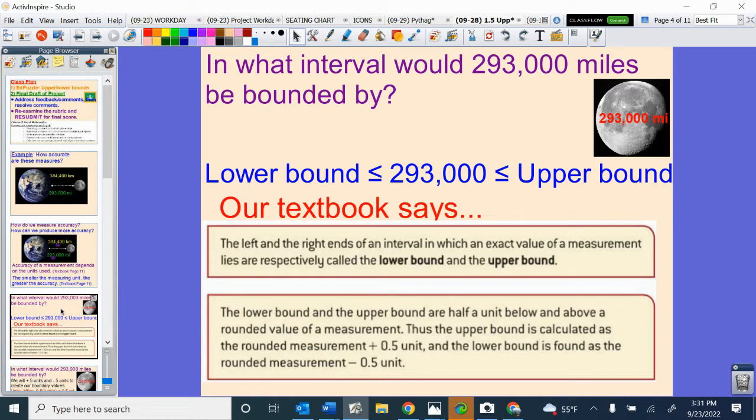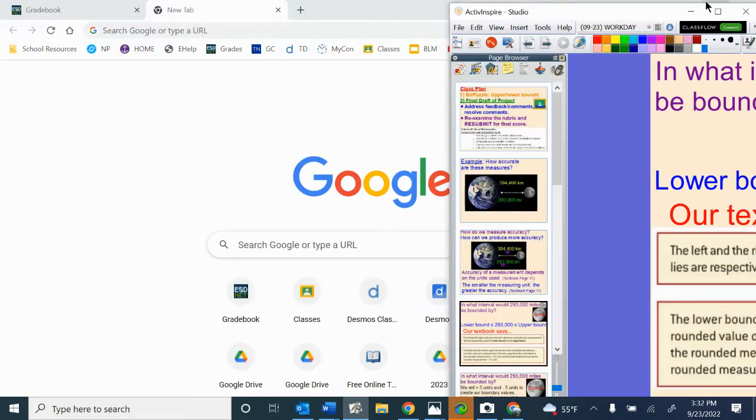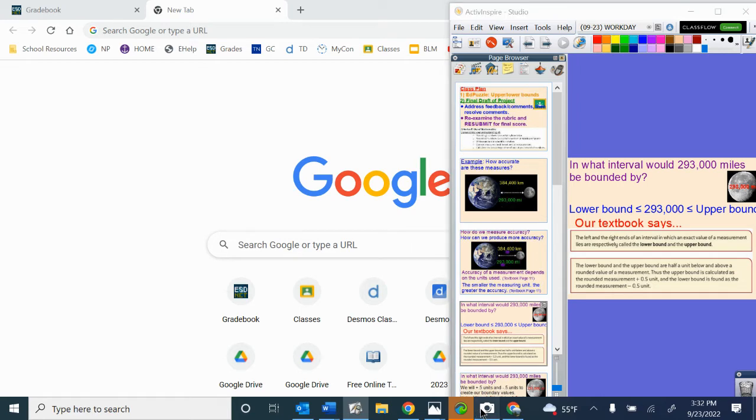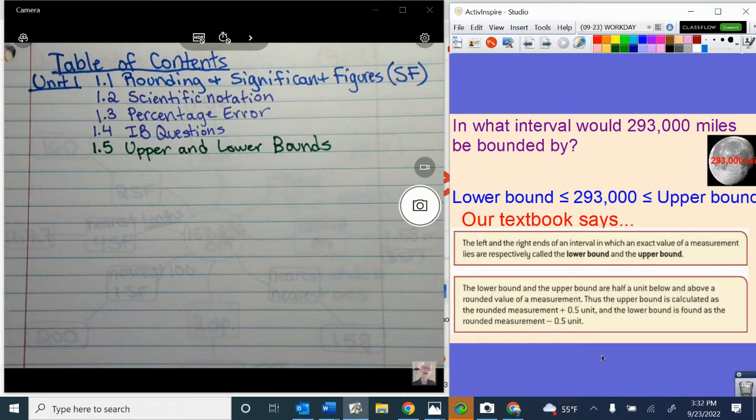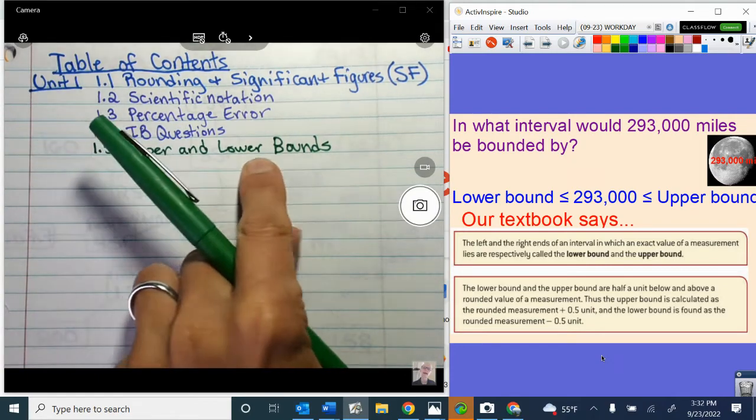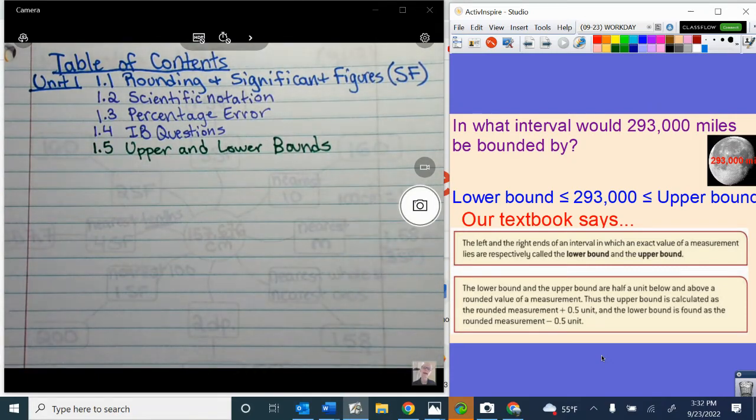The upper is half a unit above. So let's put this information into our notebook. If you are working within your table of contents, go ahead and add that title to your notebook.